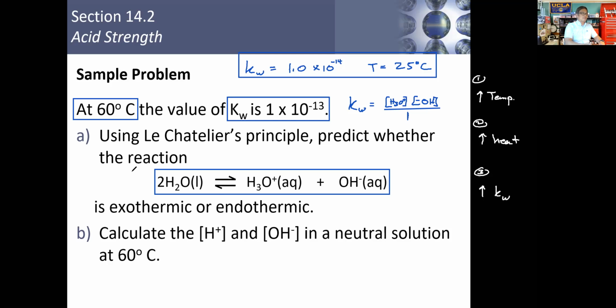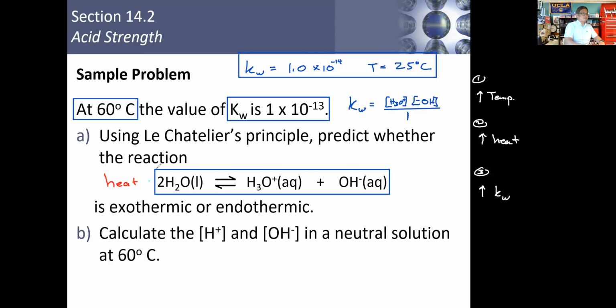And the only way that the reaction will shift towards the right is if heat is a reactant. If you increase the heat, that is what's going to shift the reaction towards the right. So if you increase the temperature, you're increasing the amount of heat. The only way that the amount of product here will go up is if heat is a reactant.